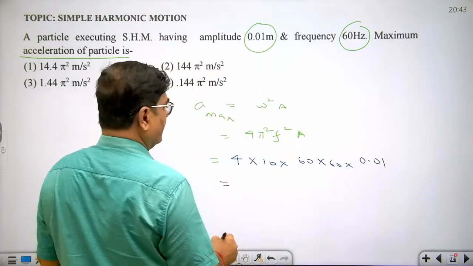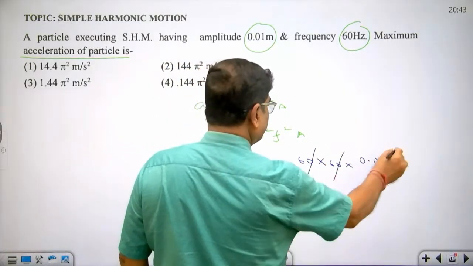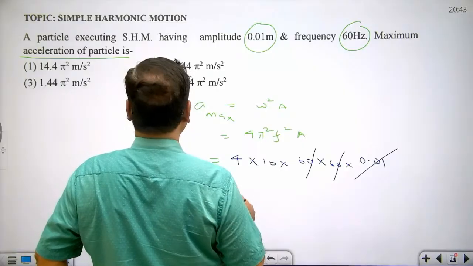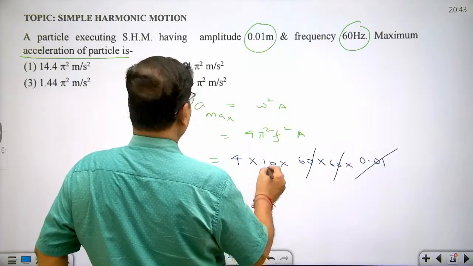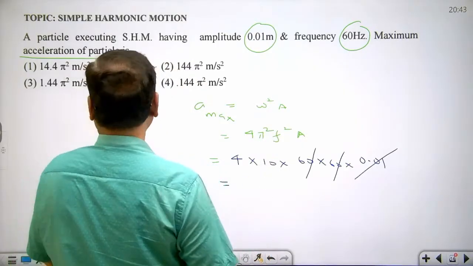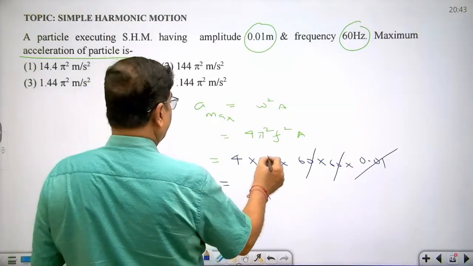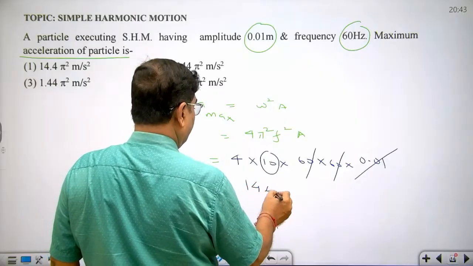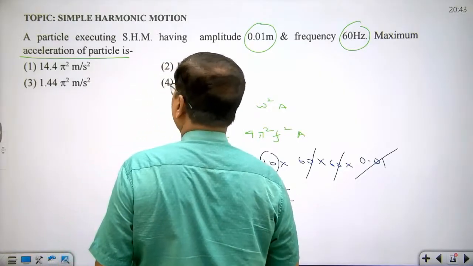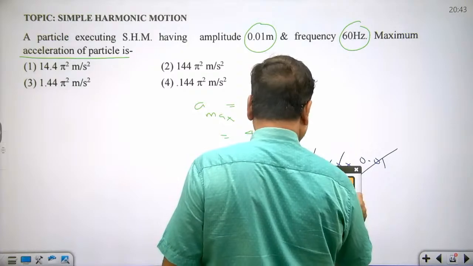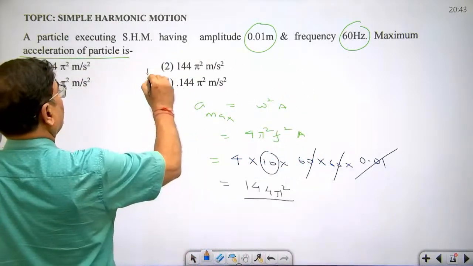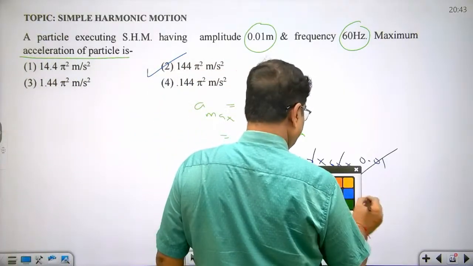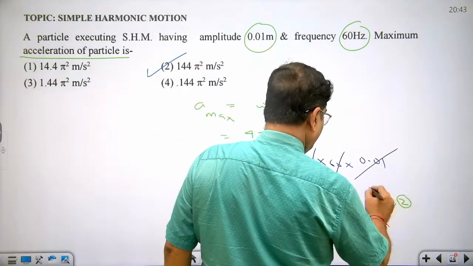If we simplify this relation, the zeros and the 0.01 will cancel. 6 into 6 is 36, 36 into 4 is 144, and pi square equal to 10. So here the answer is in terms of pi square. You can see your options; you have to check the options in the exam also. Option 2 seems to be the correct answer, so we will mark option 2 as the correct answer.